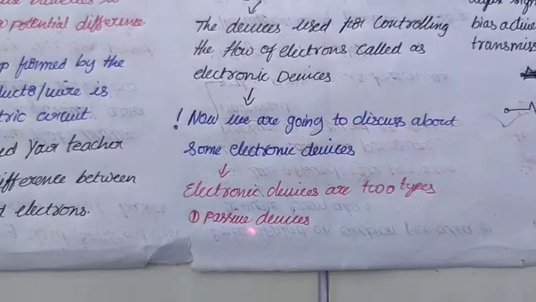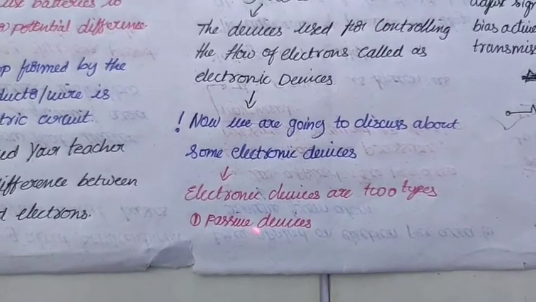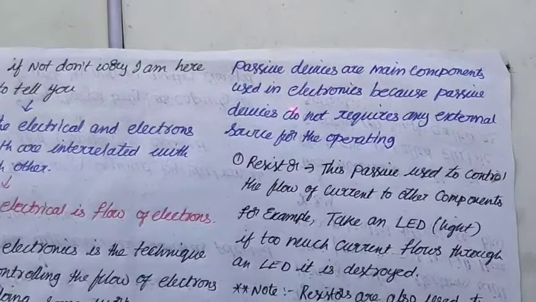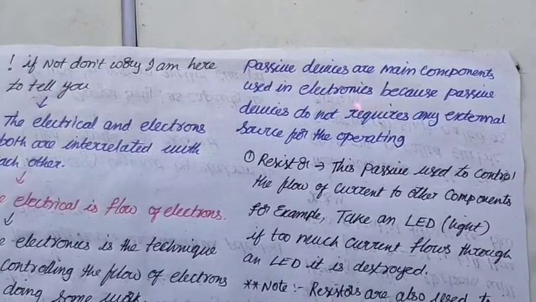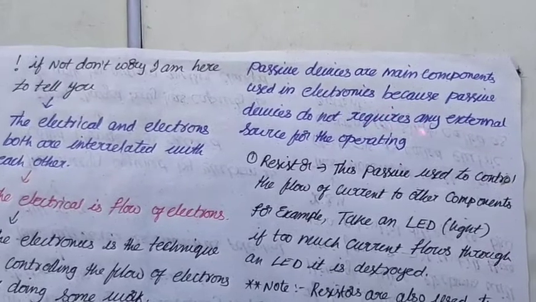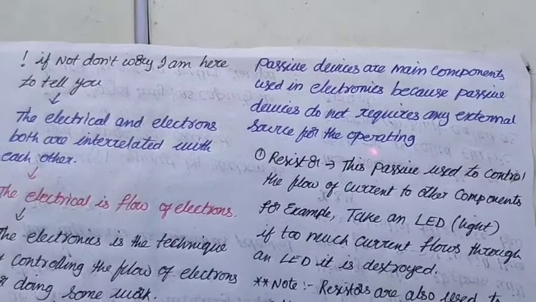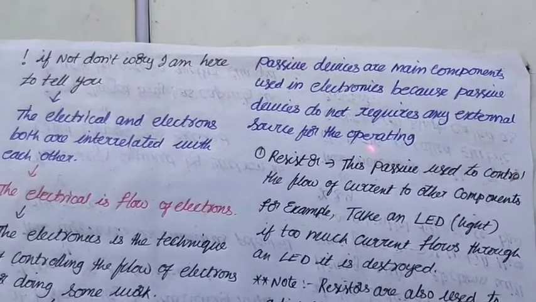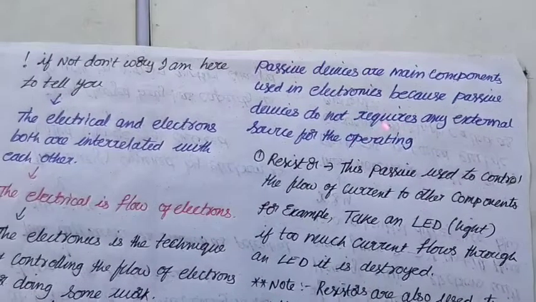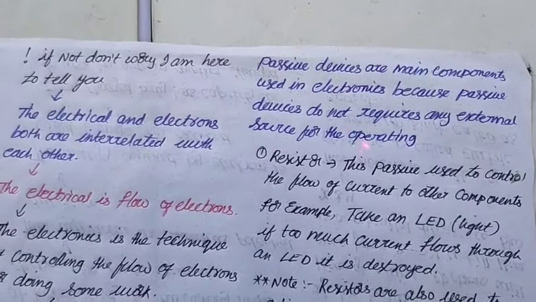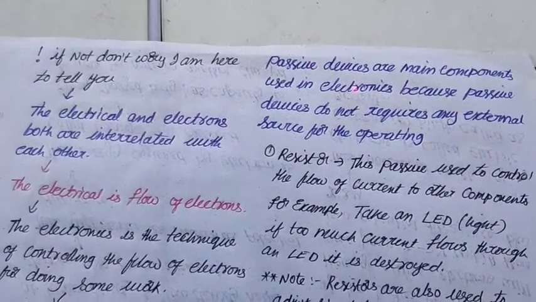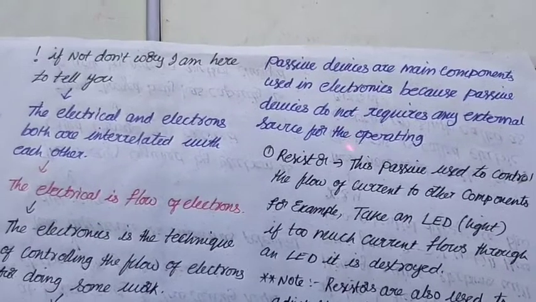Passive devices are the main components used in electronics because they do not require any external source for operating. Remember students, passive devices do not require any external source for operating. You have to search and tell me why passive devices do not require a source for operating.